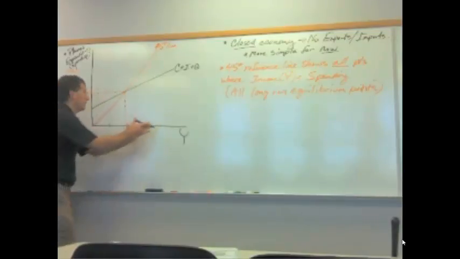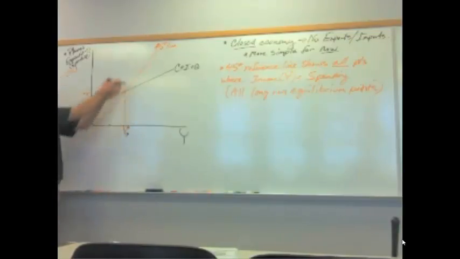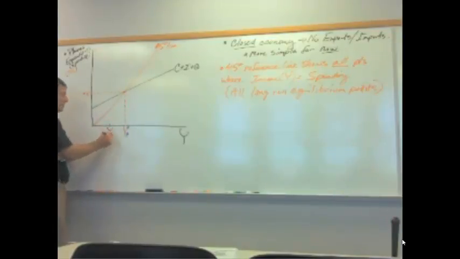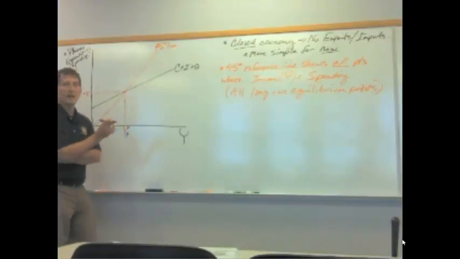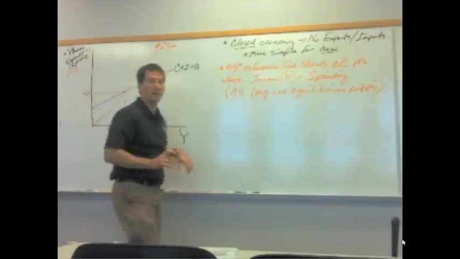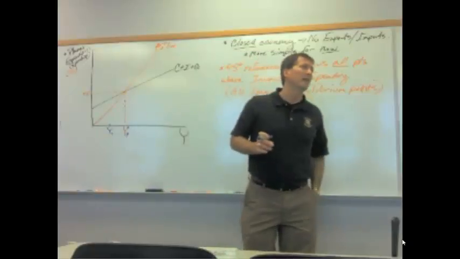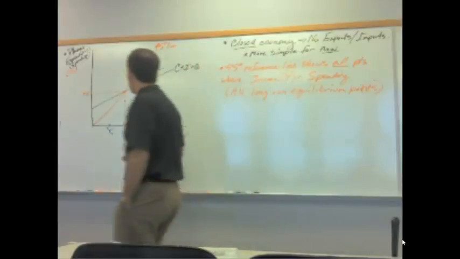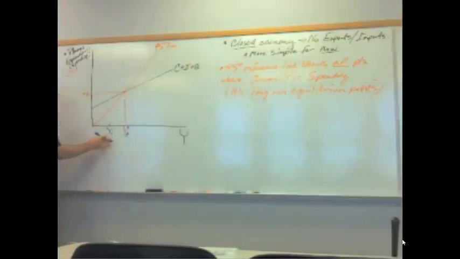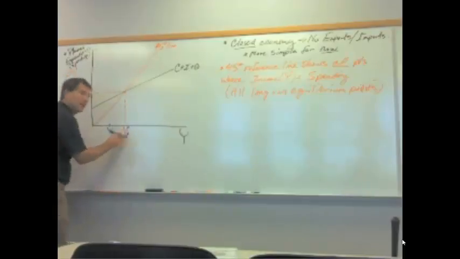The potential for the economy is there, and in the long run we'd be there. But we fall into recession. What's going on at Y1? What type of gap was that, by the way? That was a different model I showed. Recessionary gap. Our current level of output is less than our potential.